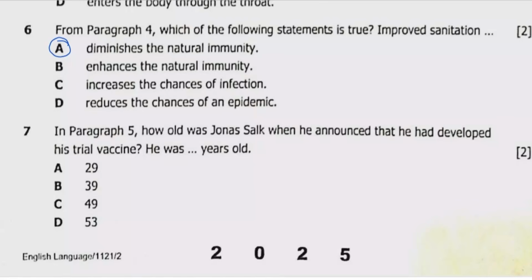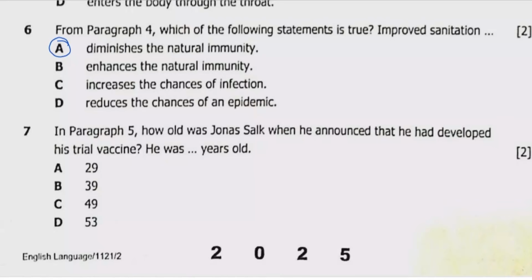But where there is poor sanitation, according to that paragraph, children come in contact with the bacteria that cause those diseases, and then the body develops the immune system for that. You develop the immunity for that disease. So that's what it said. So the correct answer is A, diminishes the natural immunity.